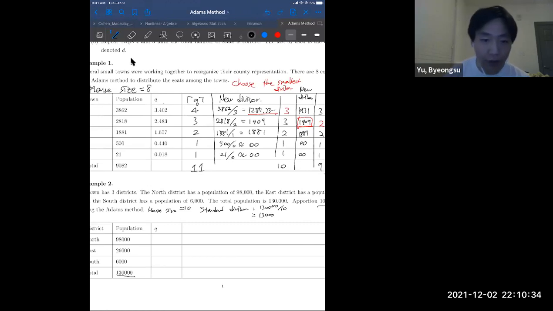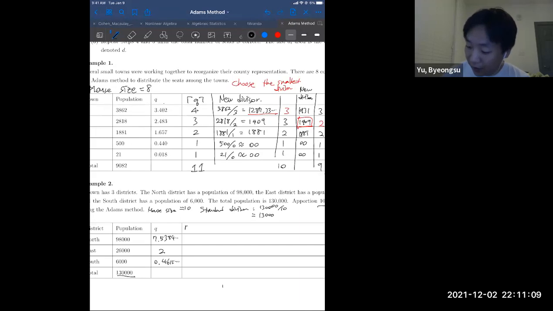Your quota for the north is 7.5384, which is 98,000 divided by 13,000. Your quota for east is 2 because 26,000 is twice 13,000. And your quota for south is 0.4615 something, which is 6,000 divided by 13,000.